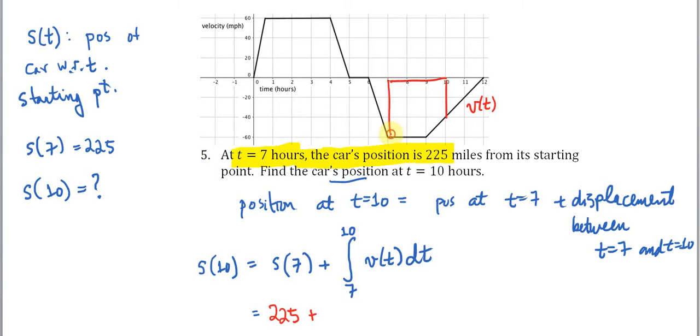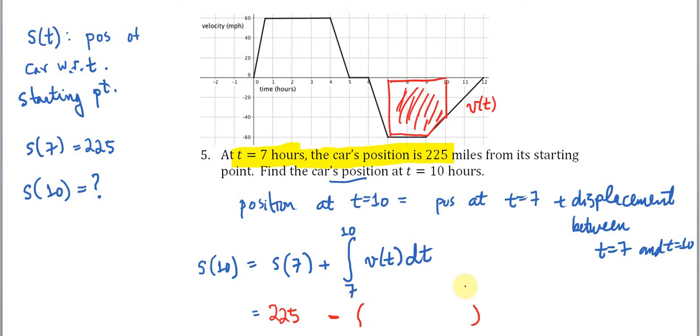Whatever this area is, that's the displacement between 7 and 10. We know this is going to be a negative number because this area is beneath the x-axis, so it's going to be plus a negative, or I'm just going to change this to minus.